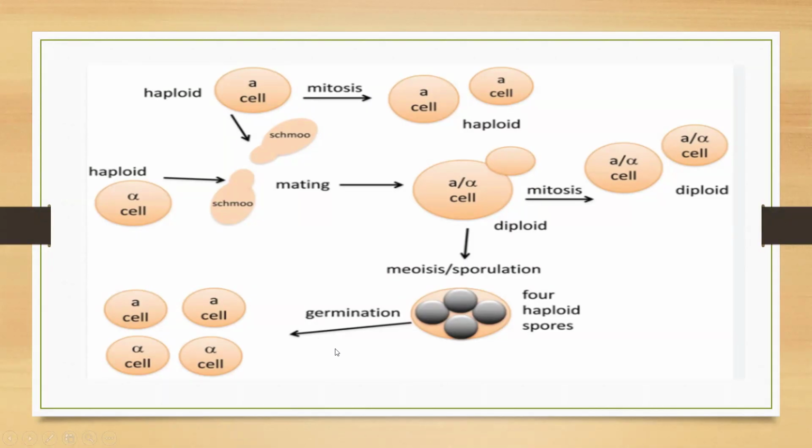Next step, germination. After germination, how many cells are there? Four cells. Okay, these are the daughter cells, these are the parent cells. Okay, how many cells are there?